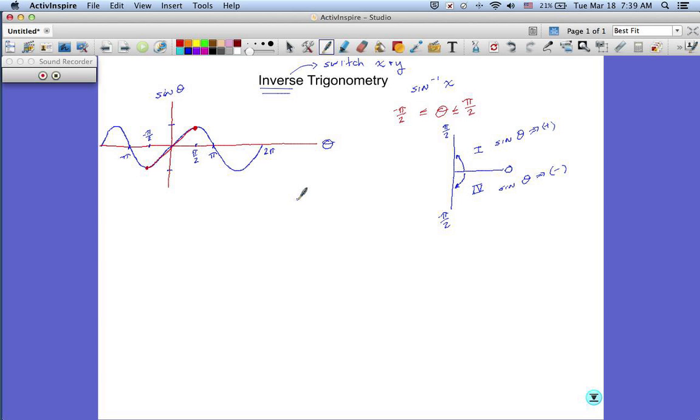For example, if somebody tells you that the sine inverse is √3/2, okay, we are simply saying, well, at what angle does sine have a value of √3/2? Well, that occurs up here at pi/3. So our angle is pi/3.